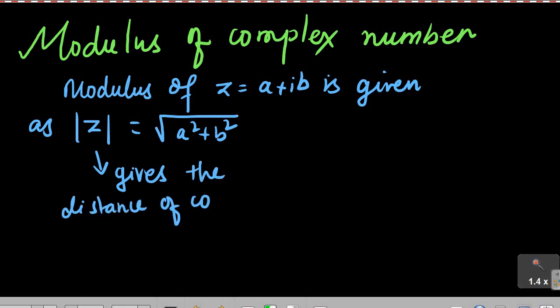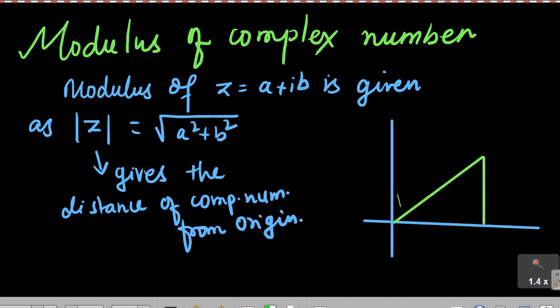It gives the distance of the complex number from the origin. Geometrically, you can see here, where the x component is a and the y component is b, that is the real part and the imaginary part, the distance from the origin is given by OP, as you can see in the figure. I hope you have understood some of the basic concepts about the modulus of a complex number.